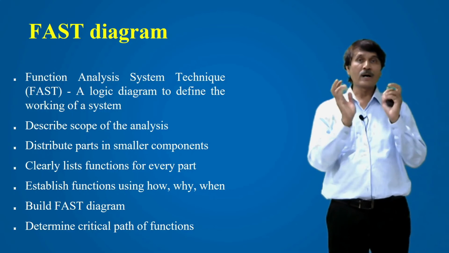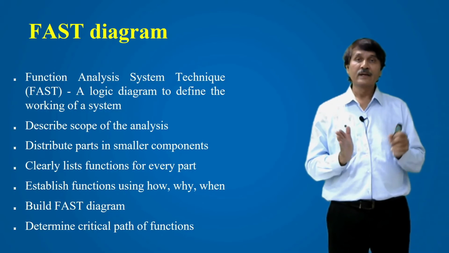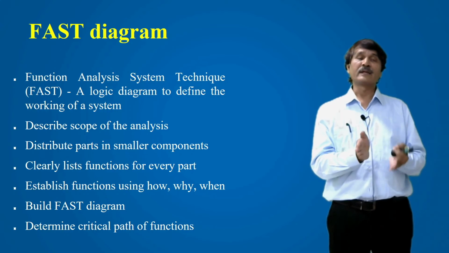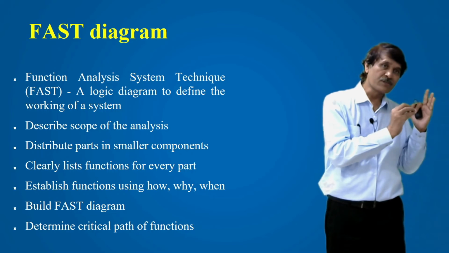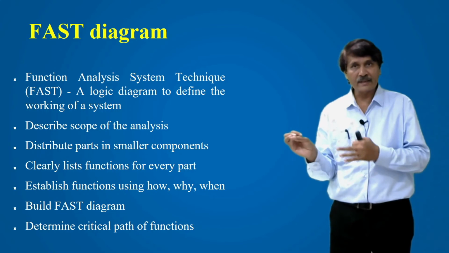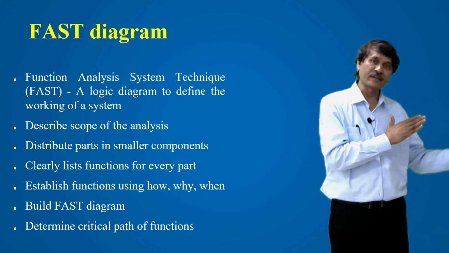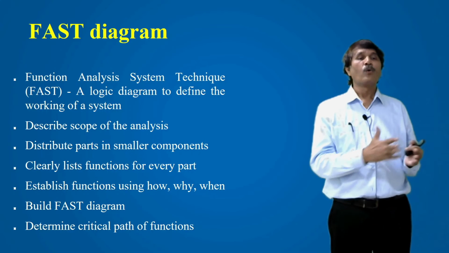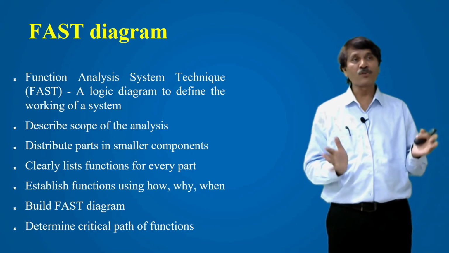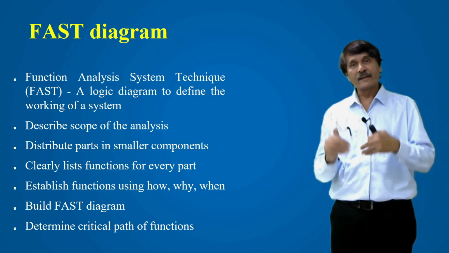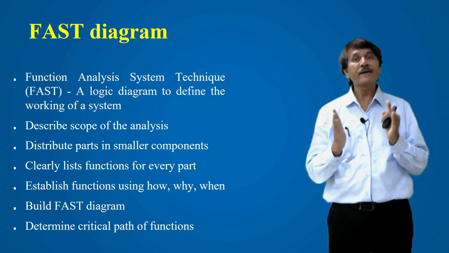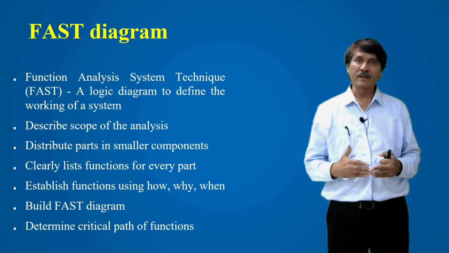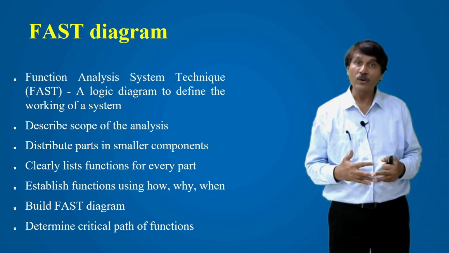So you are graphically representing your product, what the product is, what the functions are, which function is going to be kept in the primary category, which function is going to be kept in the secondary category, what functions can be eliminated, and what functions are going to add to the cost of the product but do not have much acceptability. So each and every piece of information related to the FAST diagram is going to be given.